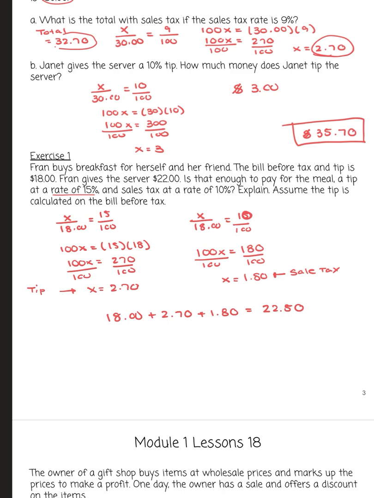So the question is, does she have enough? Is the $22 that she left enough to cover her sales tax of 10% and her tip of 15%? Pause the video and explain. The answer is no, because when we calculated, we get $22.50. So she's 50 cents short.